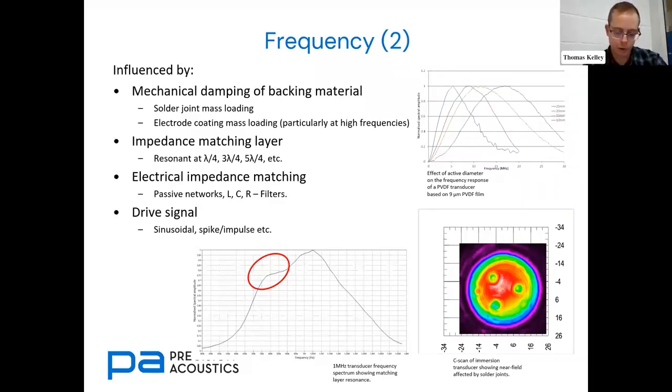If you drive it with a broadband voltage spike, so an impulse, you'll get a response essentially equivalent to the transducer's impulse response function, typically centered around the resonant frequency of the piezo and all the other parts that go to make up the transducer. Similarly, high voltage impulses which are not sufficiently broadband or might have too much duration to elicit the transducer's designated frequency will yield some unexpected results. So the drive signal is very key as well in considering the design of transducers.